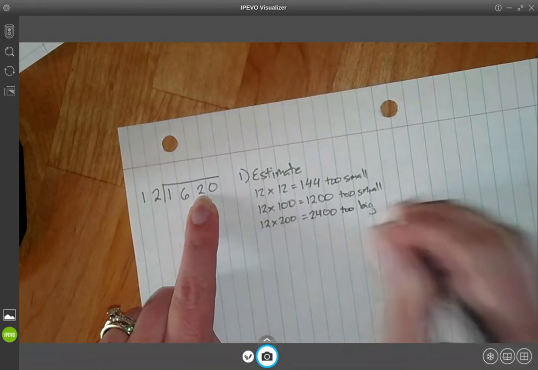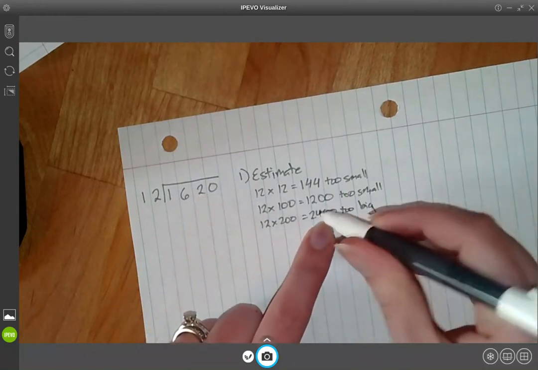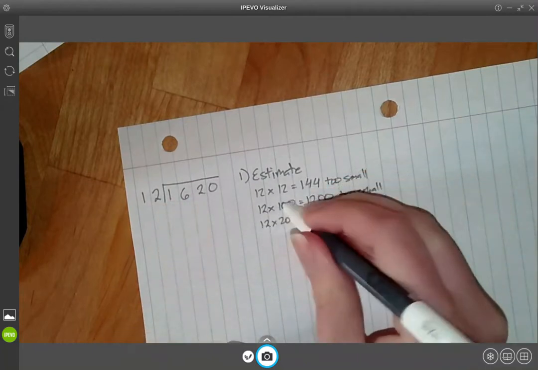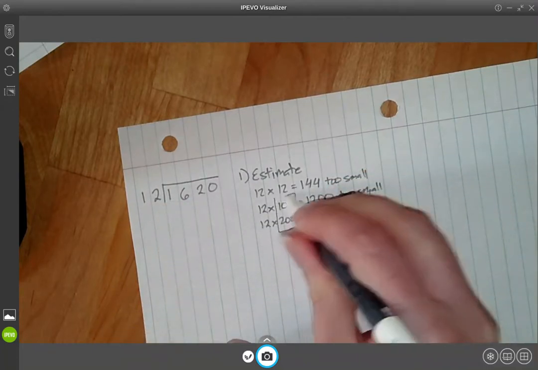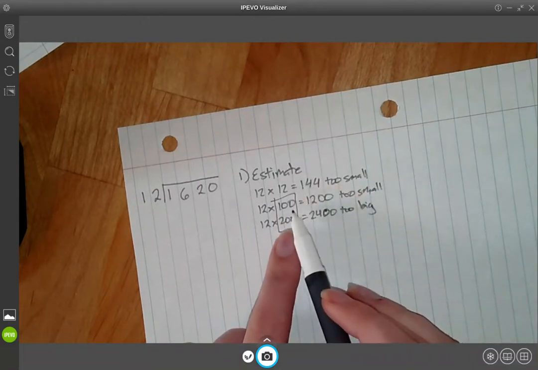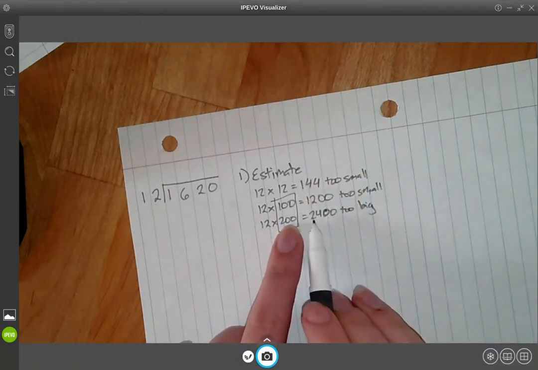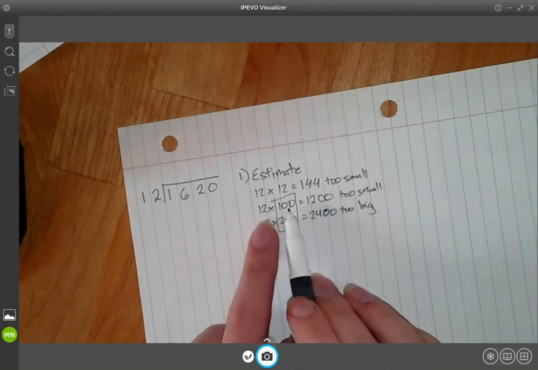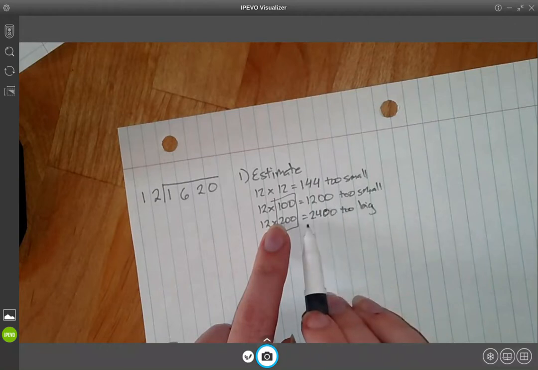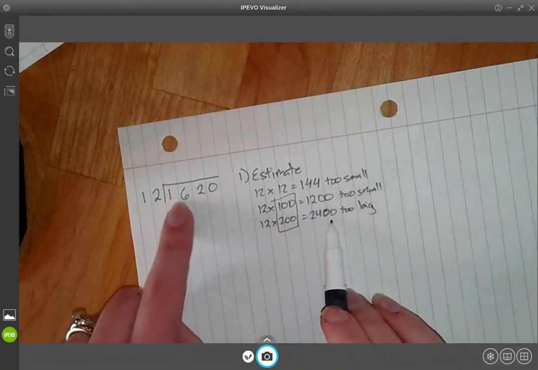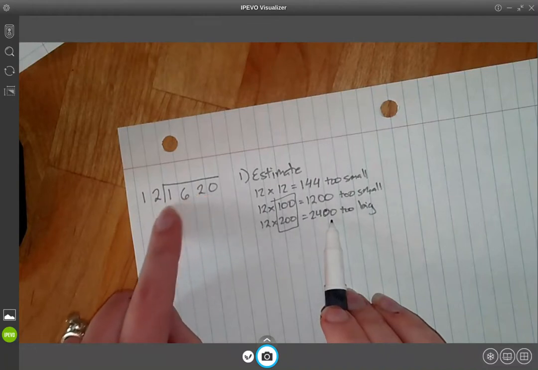Too big. So I know that my quotient, my answer to this problem, is going to lie somewhere between 100 and 200. So my estimate is going to be somewhere in between 1,200 and 2,400. 1,620 sounds like it's kind of right in the middle.